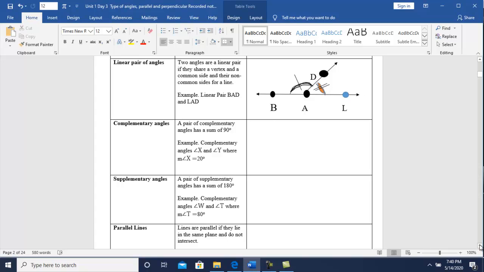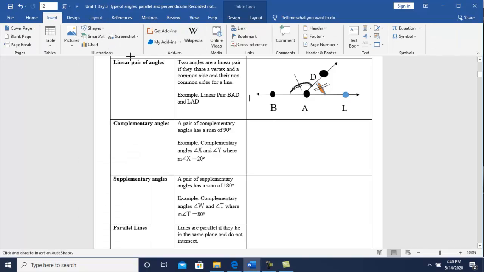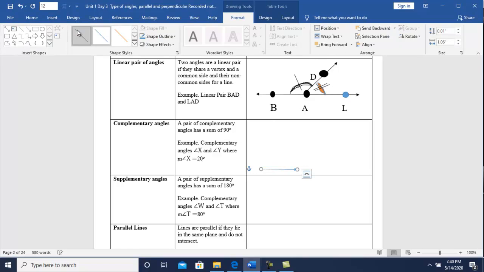Okay, complementary angles. If we're going to draw two angles that are complementary, the sum has to be 90 degrees. So for example, if I were to draw two angles, there's one. Now 20 degrees is going to be very, the sides are close together.